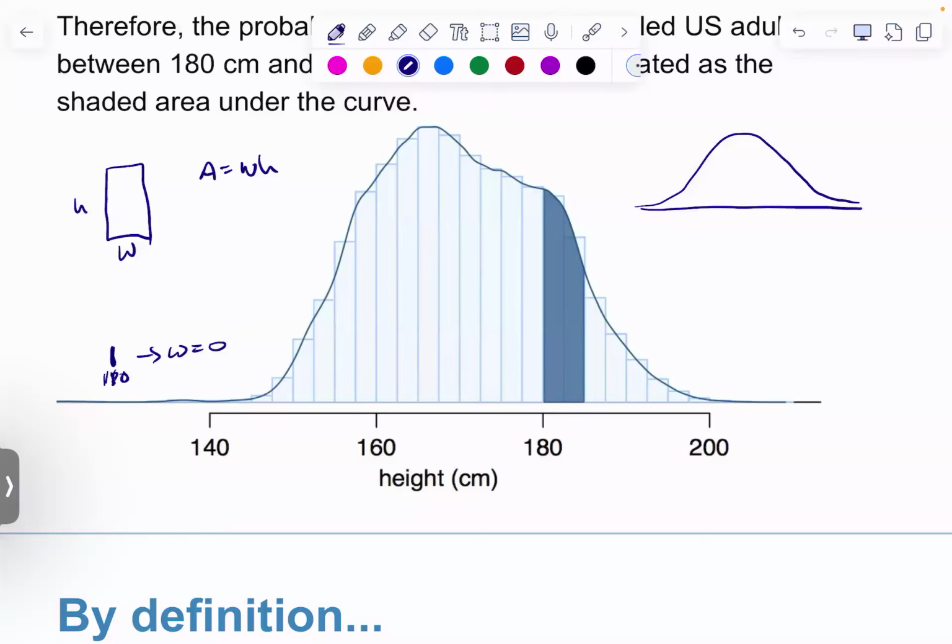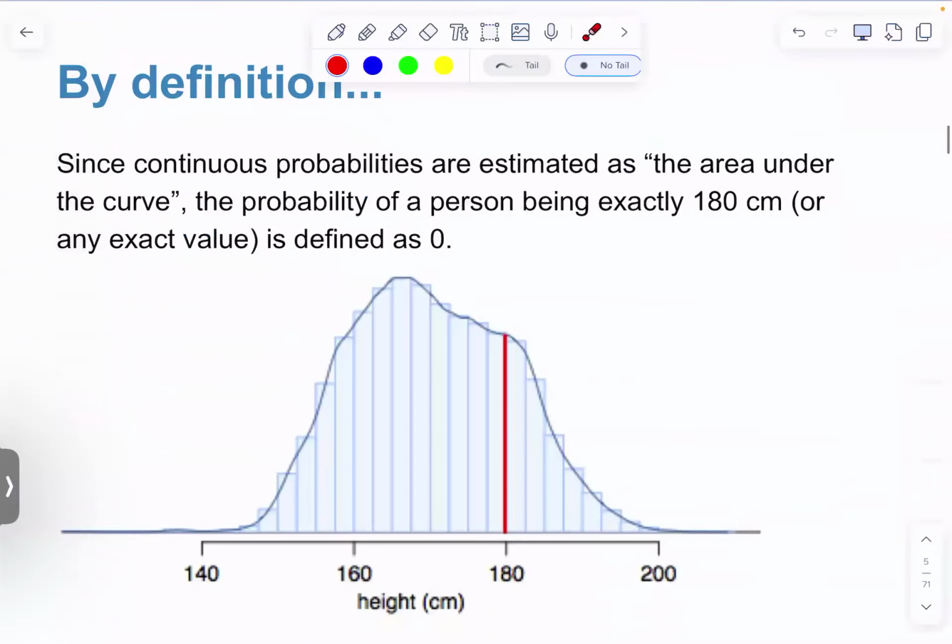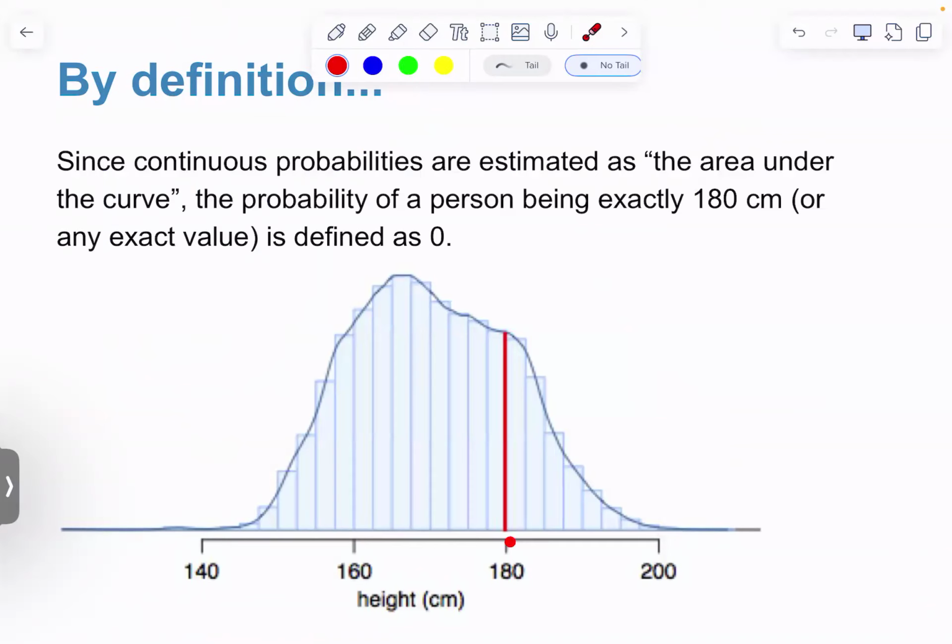So what's mind-boggling is that the probability at any one particular point, an exact value on a continuous scale, is 0. We see that there are probabilities, but you have to go between two values to make an area. To me, that's kind of like, whoa, that's weird. Because you can be between 180.1 and 180.2, sure, but then you've made a little bit of area there, and there's some probability of that happening. But at exactly 180, no more, no less, it's 0.